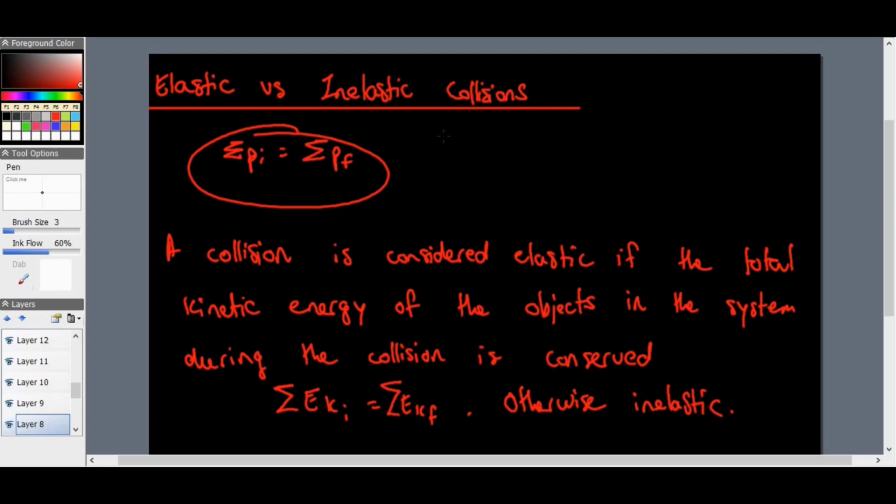So basically, in an elastic collision, total kinetic energy of the objects, not just of the object, but of the objects in the system, is the same. But remember, collisions are almost never elastic. Collisions between snooker balls, if you play pool or snooker, are almost elastic.